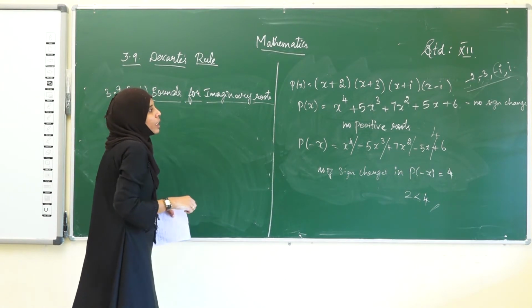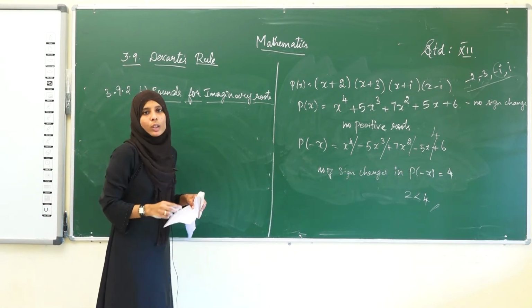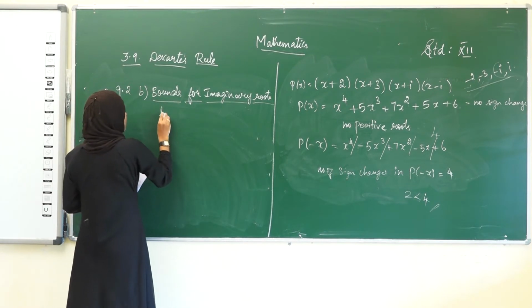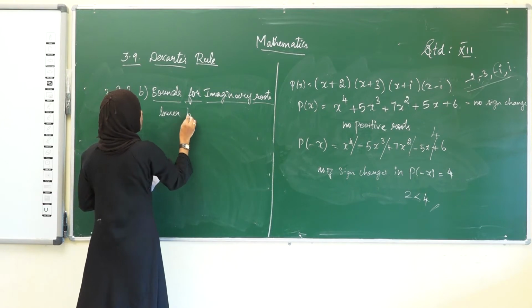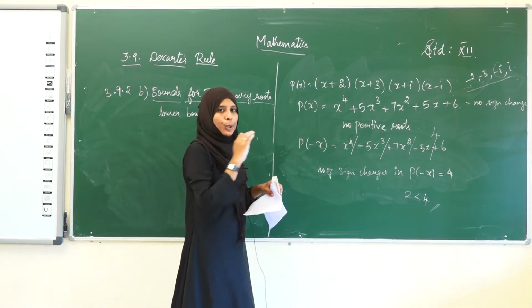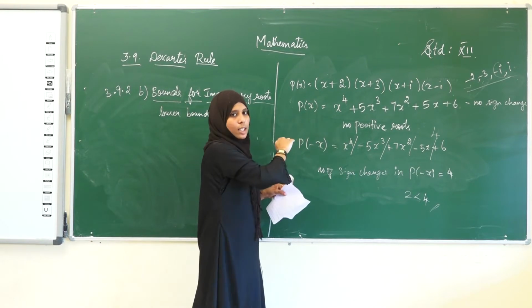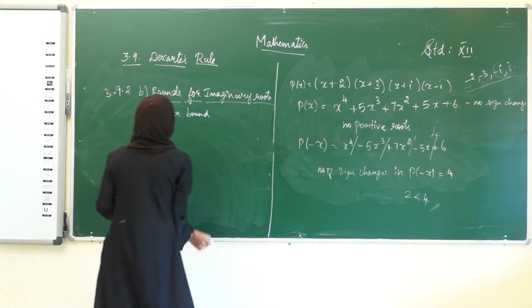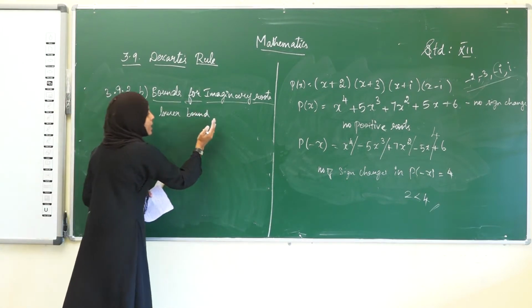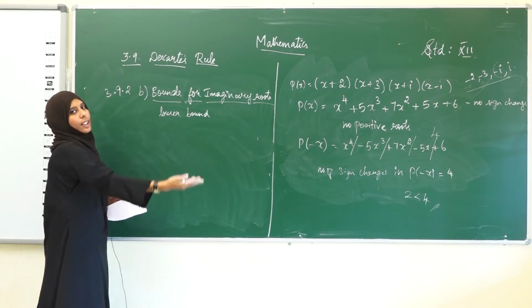See, for real roots what we have found is the upper bound, right? For the imaginary roots we are going to find the lower bound. Upper bound means the value of the positive number should not exceed this value. That's how we have found in the real root. But here, the number of imaginary roots should be greater than this.